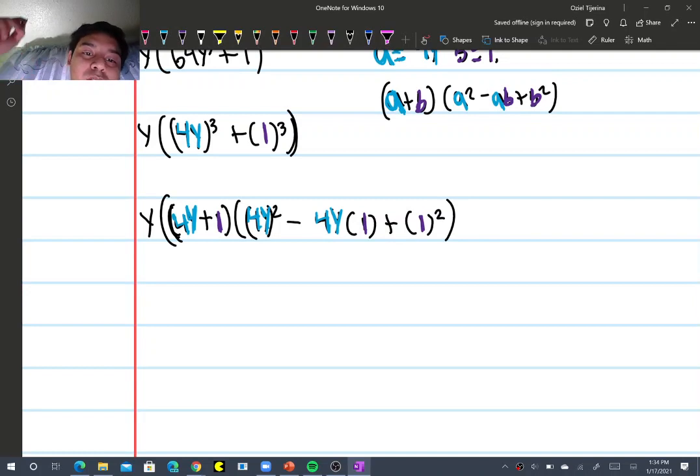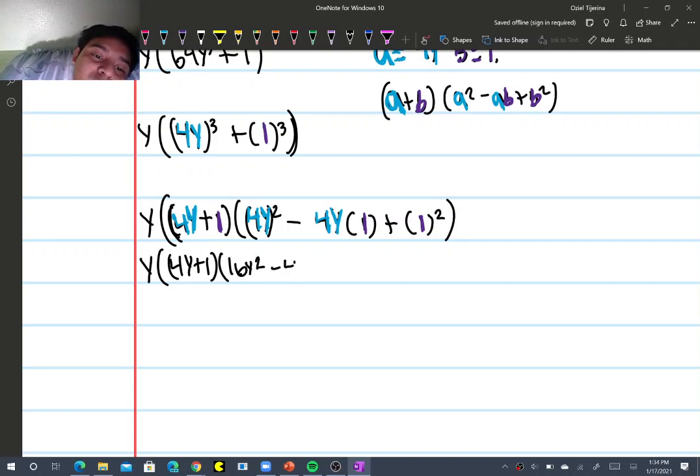Now, we just simplify it. We're going to say y times 4y plus 1 times 16y squared minus 4y plus 1.